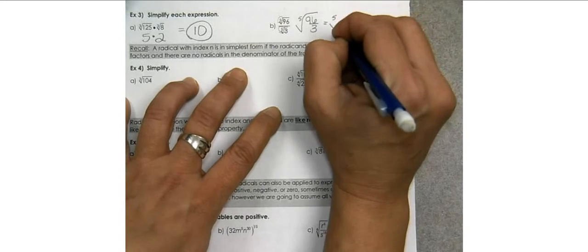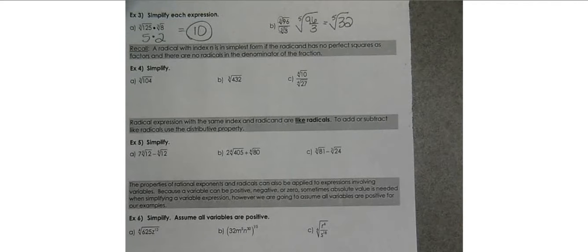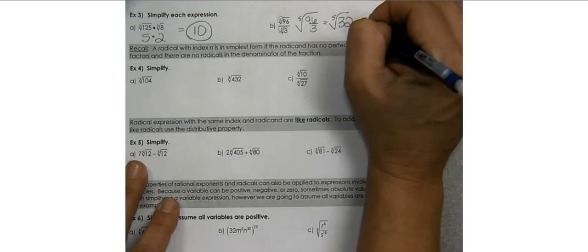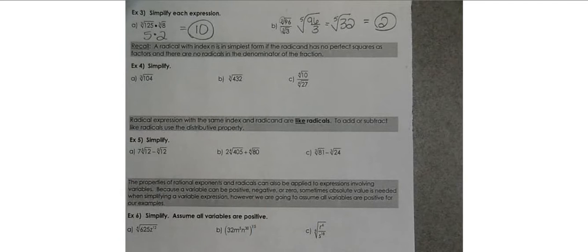And so then this ends up being the 5th root of 32 if we divide 96 by 3. And the cool thing about the 5th root of 32 is that that ends up being 2. So that's happy. Okay, so look for opportunities for us to use those perfect cubes, those values in the exponents we should use in those powers.